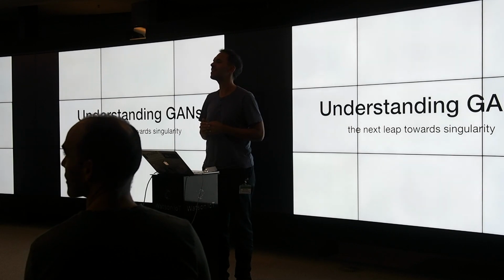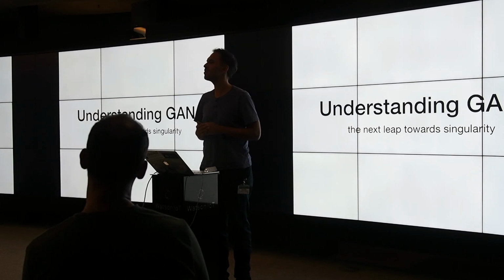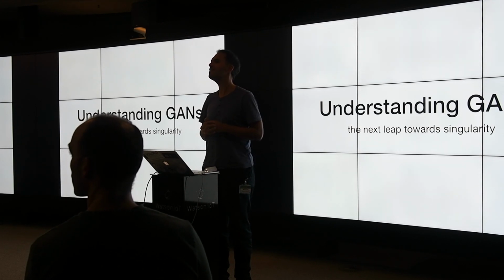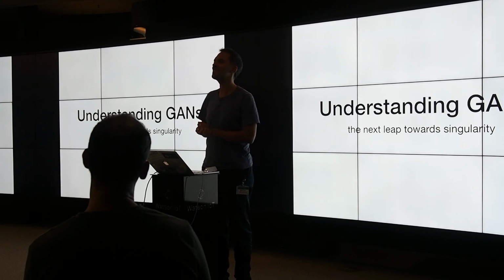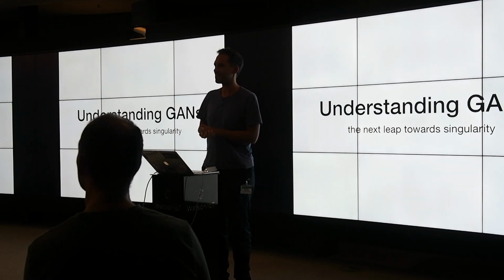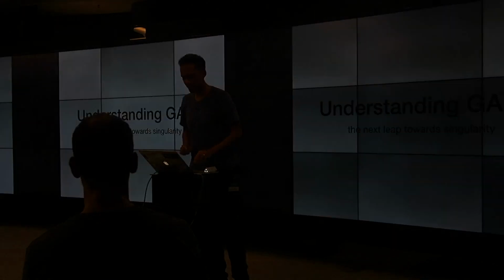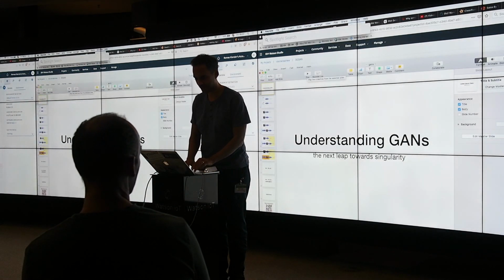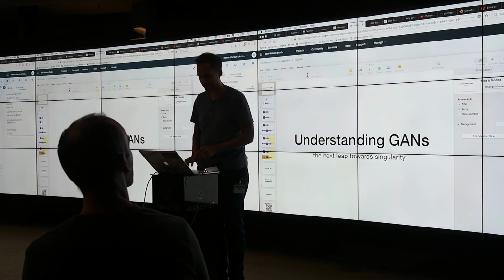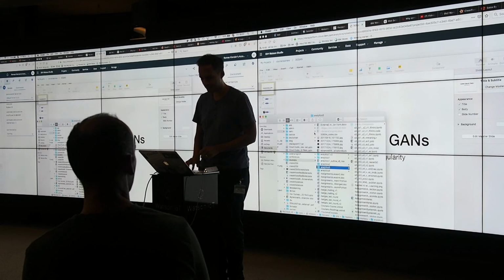Who knows what the LSTM, long short term memory, is? Okay, who knows what the deep feed-forward neural network is, or how it works? Okay, then I have to do some crash course, because otherwise it doesn't make sense to explain GANs.